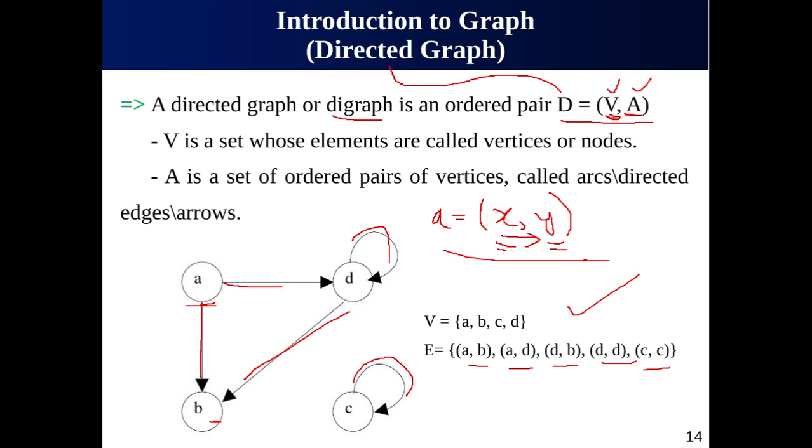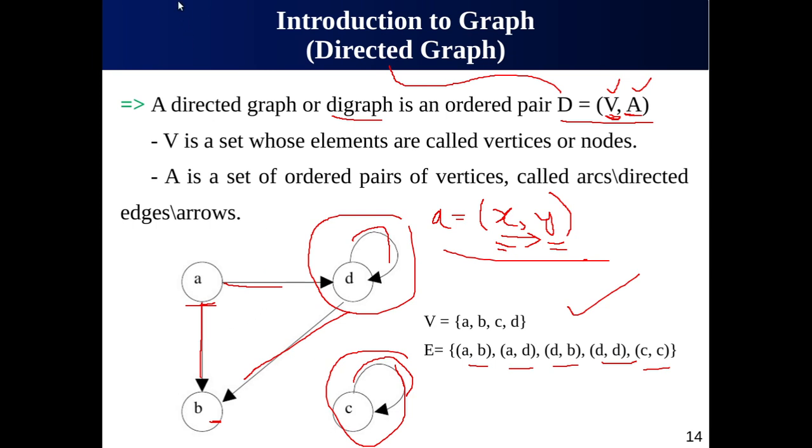If an edge starts and ends at the same vertex, just like this, such a situation is known as a loop in graph terminology. Let me repeat: if an edge starts and ends at the same vertex, then it is known as a loop.